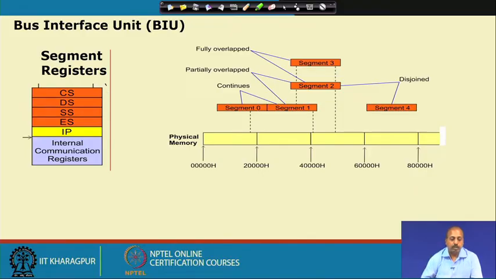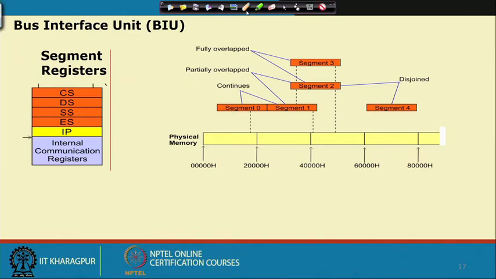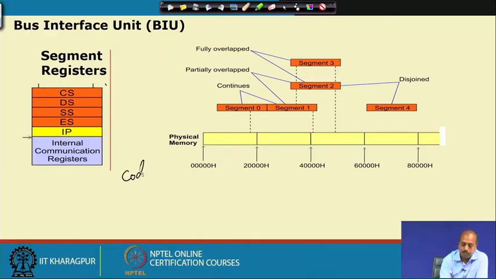If you look into any program, that program can be divided into different parts. We have the code part and the data part, which can again be divided into global data and local data.